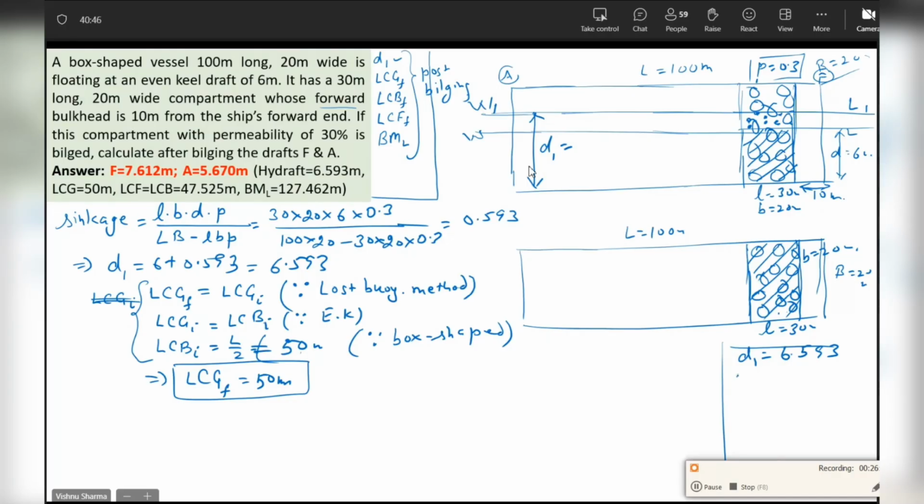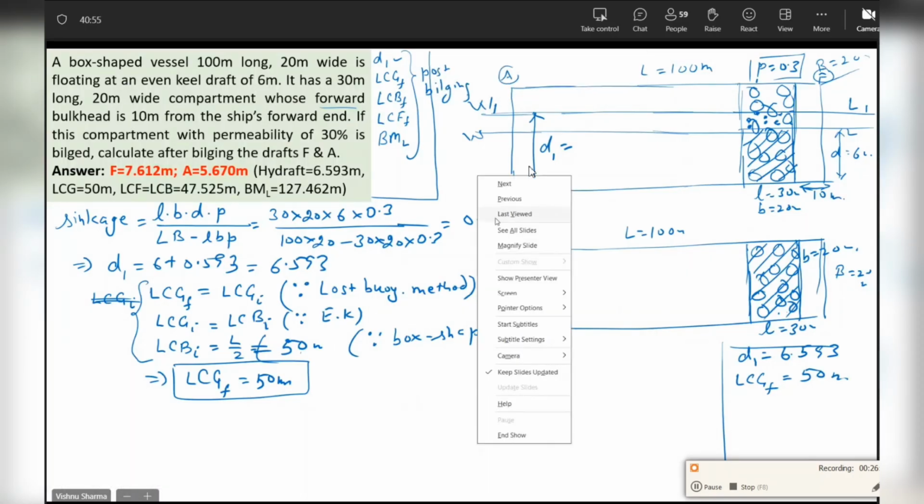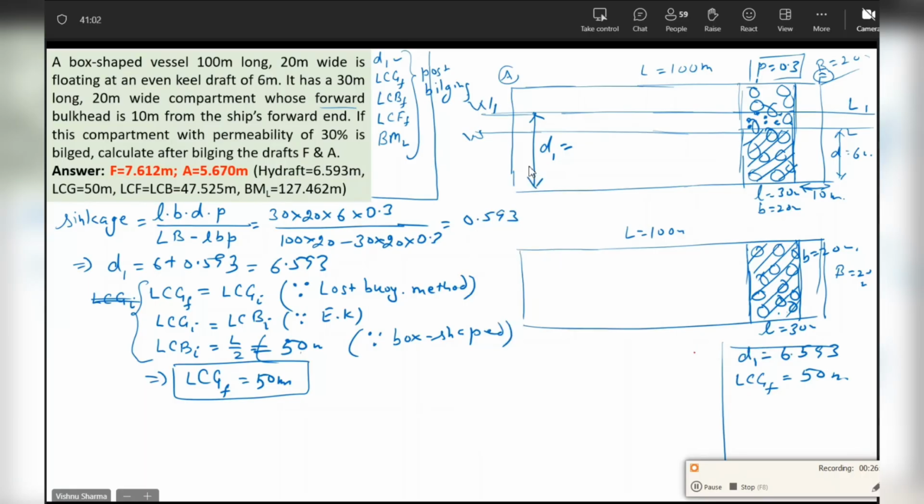So another thing I have got, LCG final is 50 meters. I can write it in one line also if you want, guys, instead of writing 3 lines. If you want, you can save space and write like this. I wrote 3 lines because I wanted to explain and prompt you to answer. Otherwise, you can say LCG final will be equal to LCG initial, will be equal to LCB initial, will be equal to L by 2, will be equal to 50 meters.